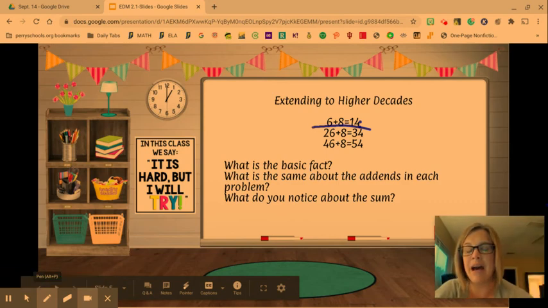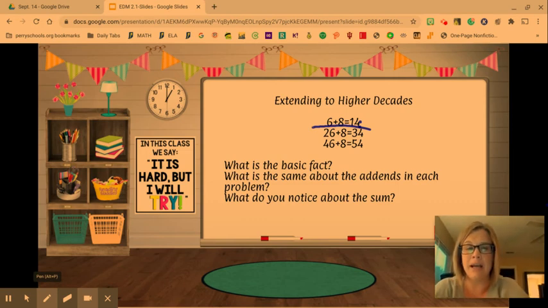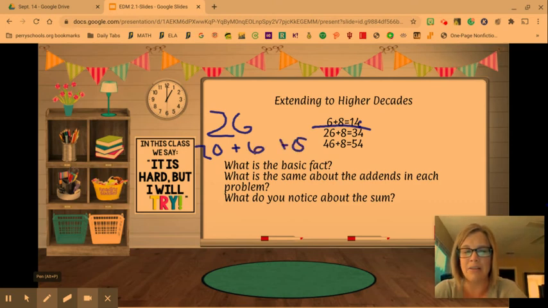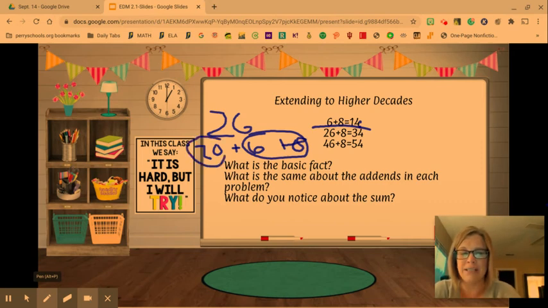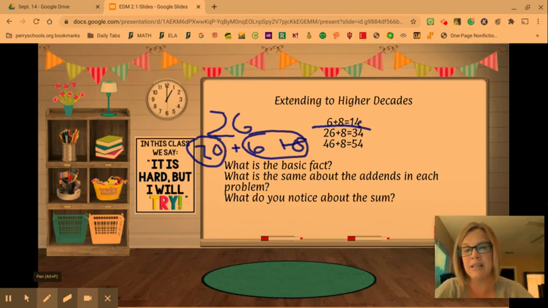So instead of having just 6 plus 8 as the base fact, I am now doing 26 plus 8, and we can break that down as 20 plus 6, and then I'm still going to add the 8. So I still have my base fact here, which is 6 plus 8, and that's 14. But I still need to increase it 20. So if you're thinking about our number grid, we would jump down 2 tens to get to 34.